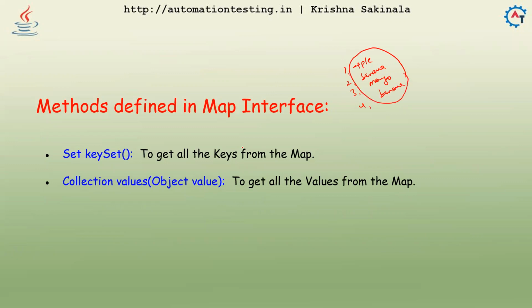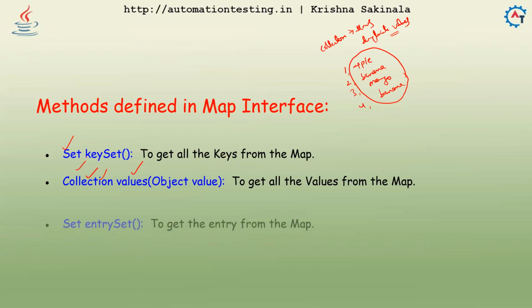For that you'll use values, but the return type is collection. Why collection? Collection allows duplicate values. Because of that, the return type is collection. Here, the keys are not duplicates, these are unique, so the return type is set. Here there might be a chance of duplicate values, so the return type is collection.